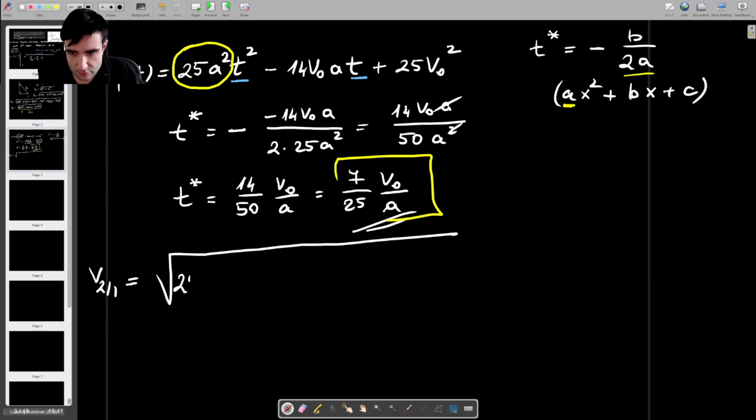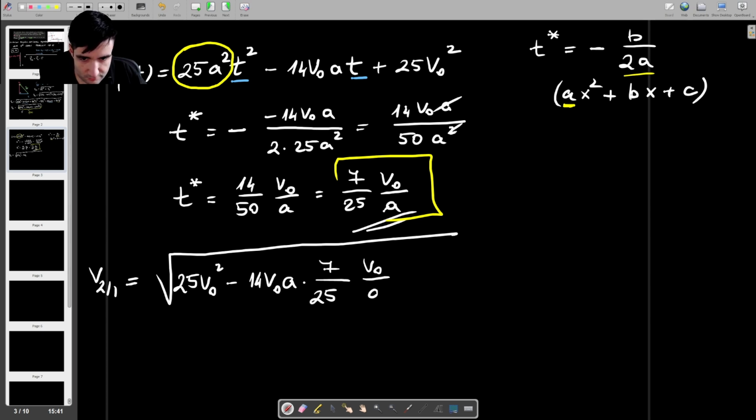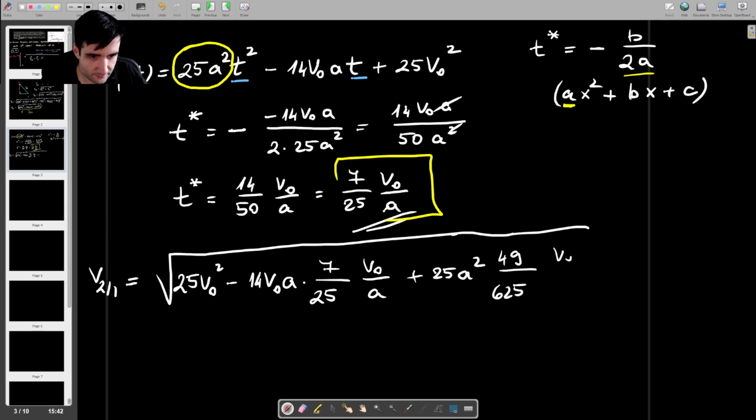So this is 25 v0 squared minus 14 v0, and then we have acceleration, we have time, so 7 over 25 v0 by a, and then we have plus 25 a squared, and then we have the time squared, which is 49 over 625 v0 over a.